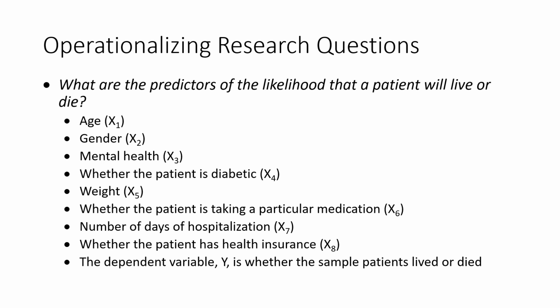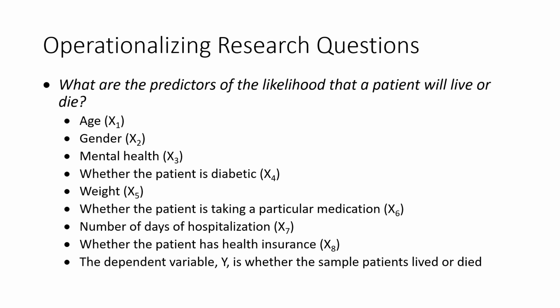So if you had some kind of measure of a patient's mental health, how they're travelling mentally at a particular time, maybe that's an ordinal level variable, like how do you feel on a scale of 1 to 10 or 1 to 20 or whatever scale you use. That might be a relevant predictor. Obviously, if you're in good mental health, you might be less likely to die.